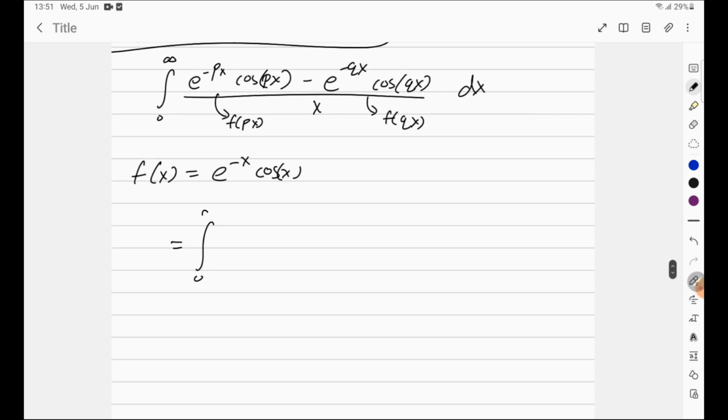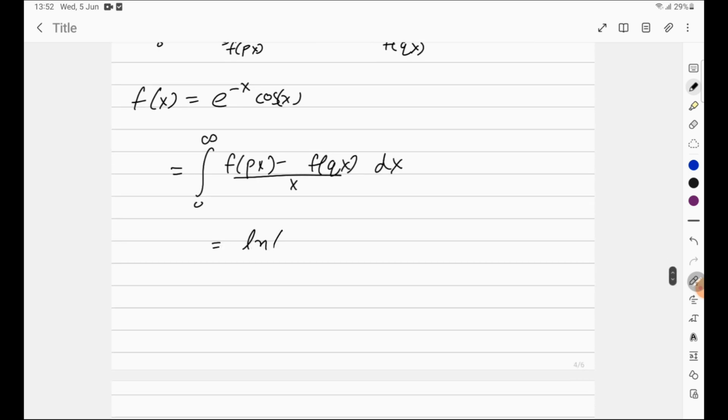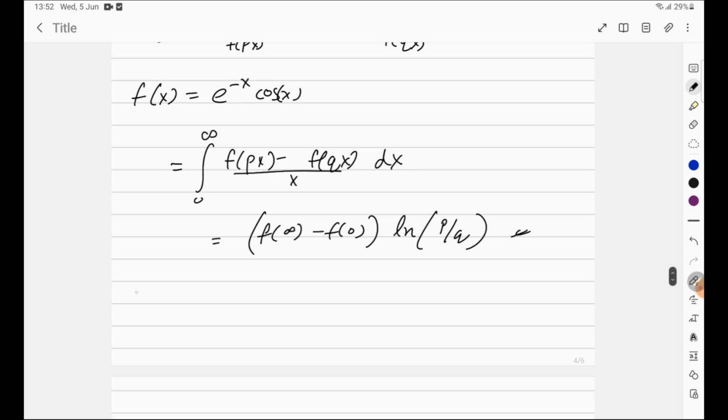So that integral is just 0 to infinity, f of px minus f of qx over x dx, which we just calculated earlier. It's of the form f at infinity minus f at 0 times ln of one parameter over the other. We just proved it earlier.